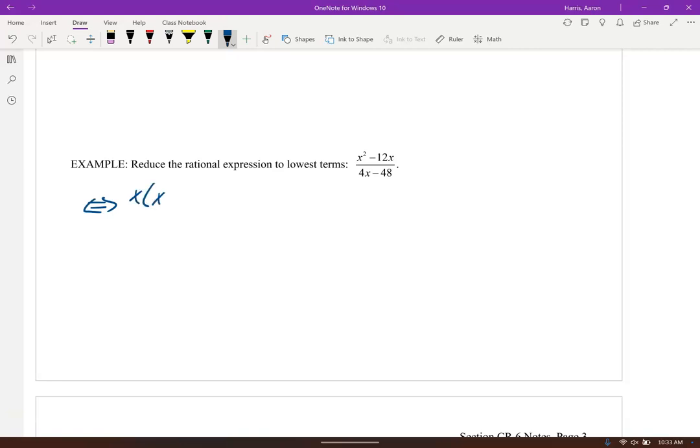X, good. So what are we going to take out of the bottom? We're left with, now notice both of those have a factor x minus 12, so x minus 12 over x minus 12 cancels. So this just ends up being x over 4.